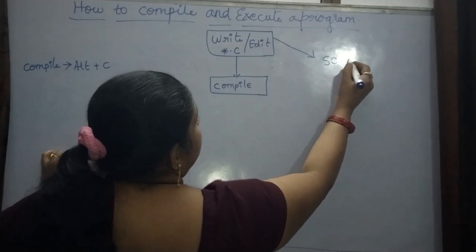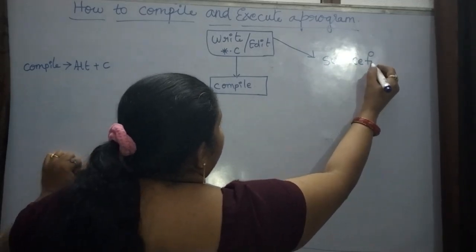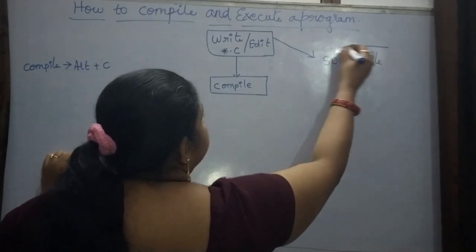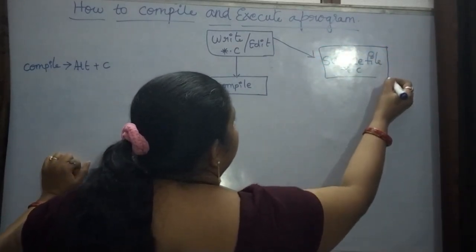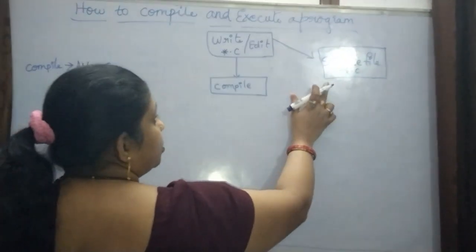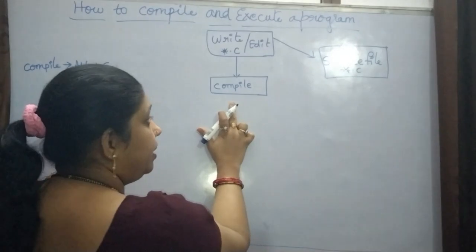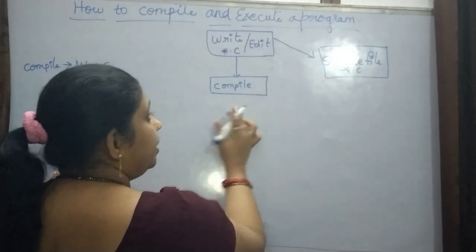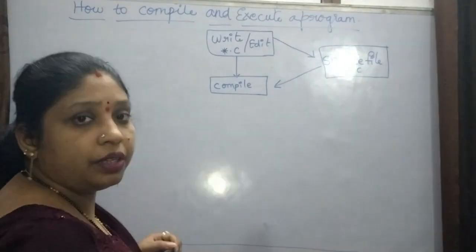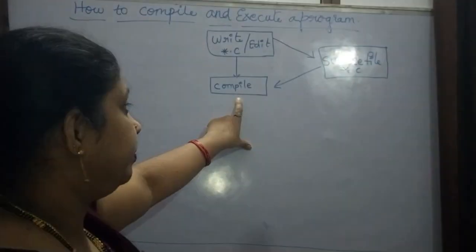This is the source file or source code which is in star.c. This source file is taken by the compiler as input and it will compile.